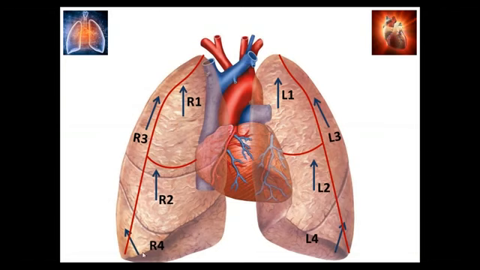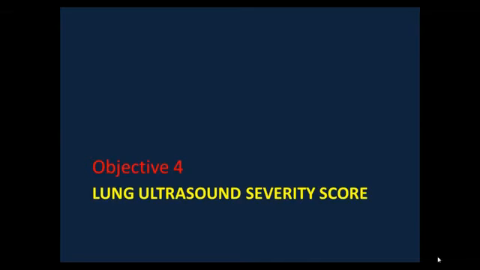And we can also add R4, which is assessment of the costophrenic angle for any suspicion of pleural effusion. So R4 on the right side and L4 on the left side if you are interested to assess any possibility of pleural effusion.